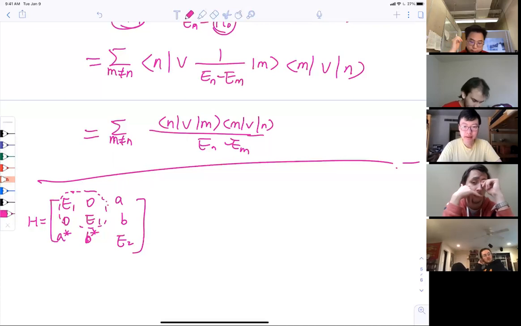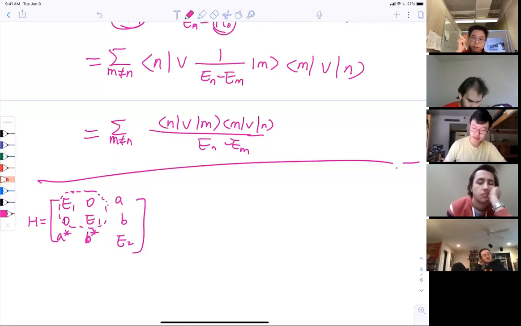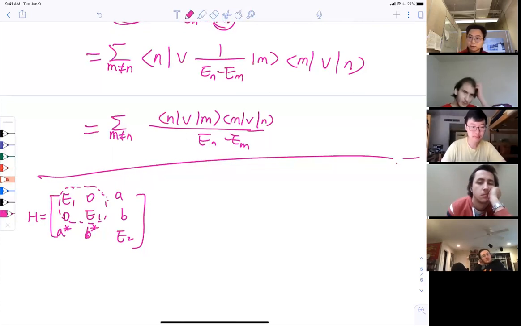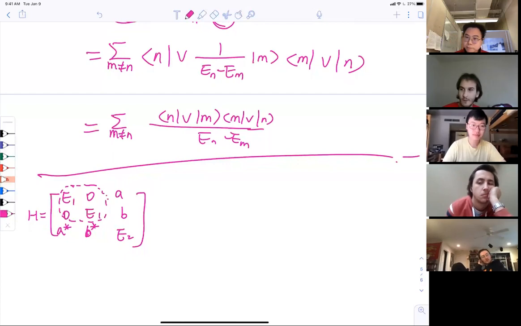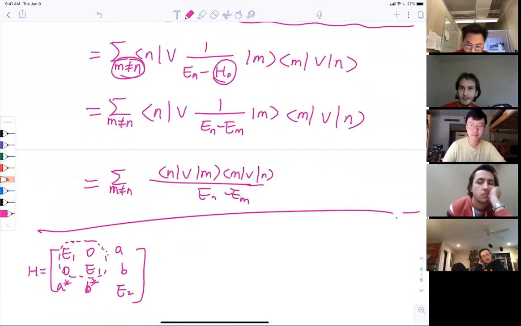But in this case, after the first order perturbation, the degenerate space is still degenerate. Then your standard formula breaks down. You cannot just apply it naively. Did you get what I'm saying?